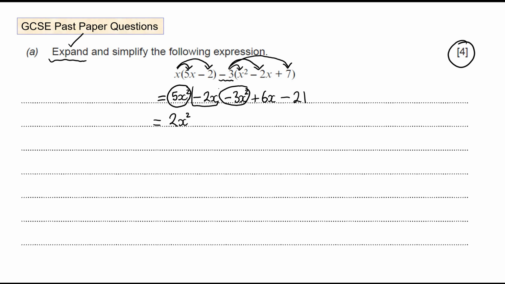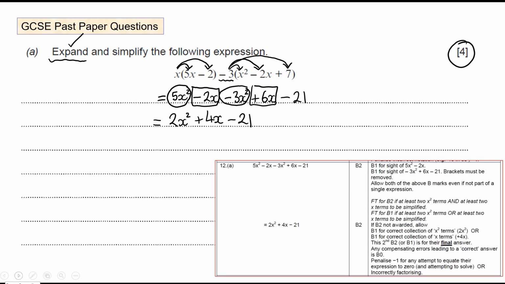Box around the next term. Minus 2x, is there a like term to that? Yes. Plus 6x. Minus 2x plus 6x is plus 4x. Think about your thermometer. If you're on minus 2, plus 6 means it gets warmer. So you're going up the thermometer onto plus 4. And then minus 21 has not got a like term, so we just write down minus 21.